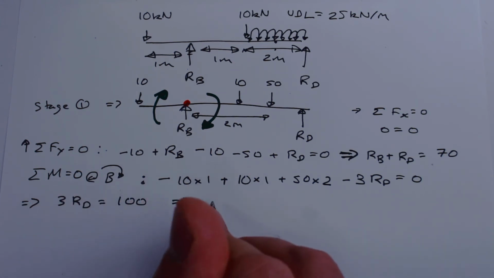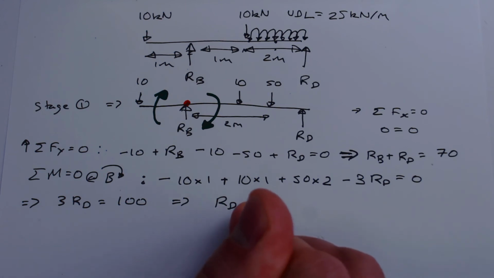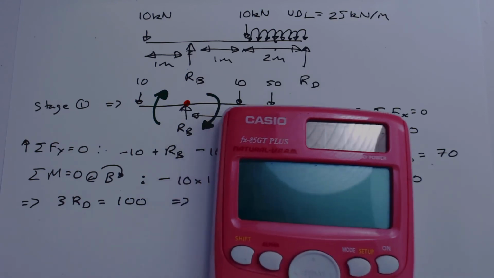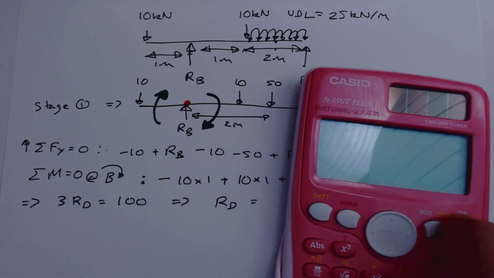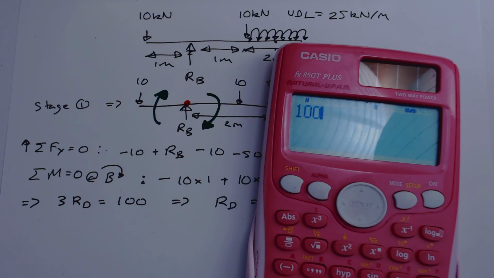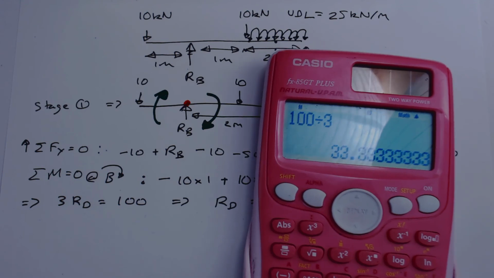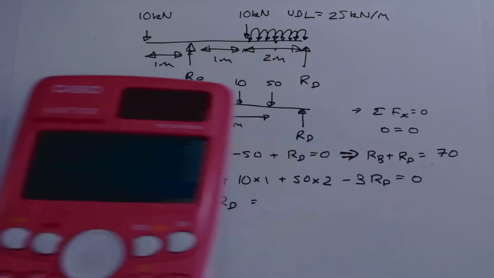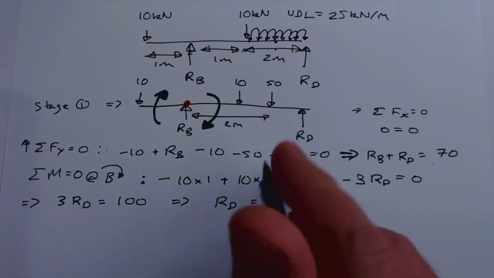So therefore RD equals, well, let's get your calculator out. So 100 divided by 3. Right, so press the S-D button, it's 33.3333.